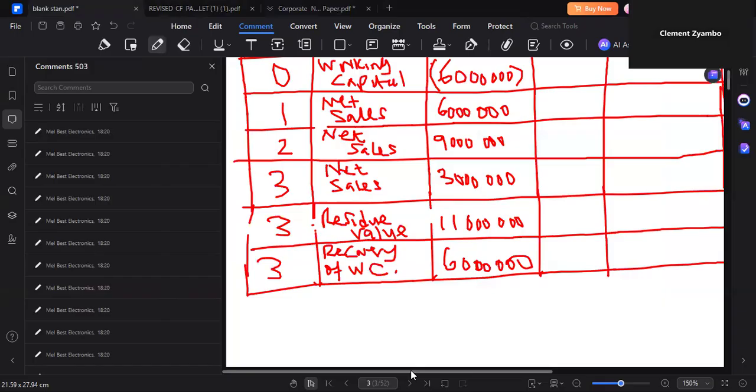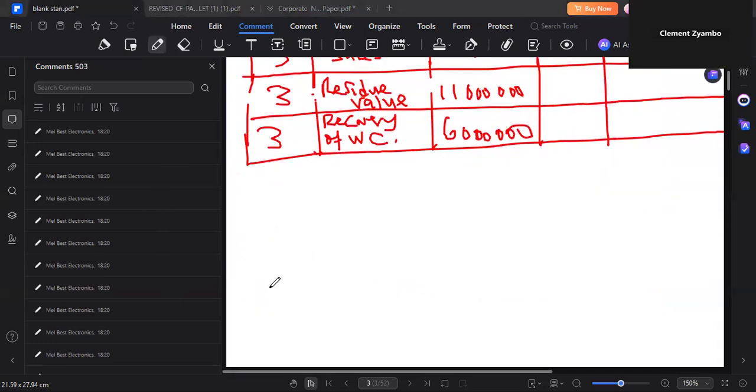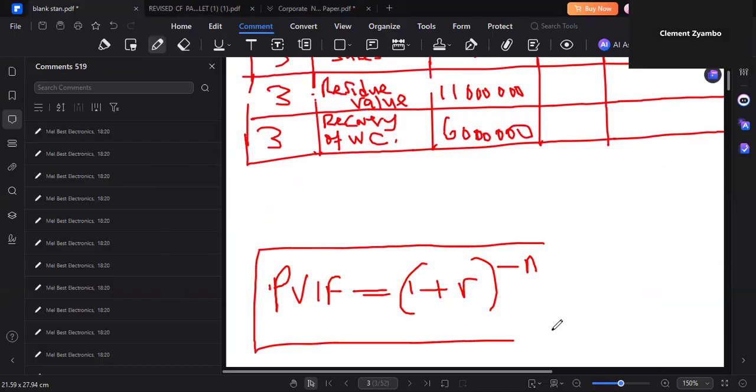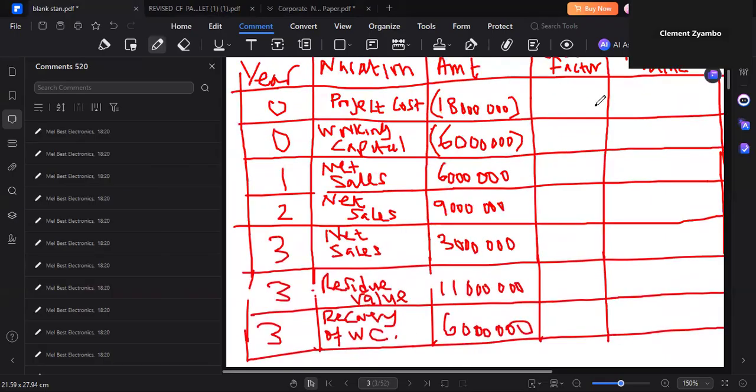So for the net present value of the project, we are going to have the present value interest factor, 1 plus r to the power negative n. So this one will be 1.14 to the power negative 0, which is 1, same as this one will just be 1 because it says 0. 1.14 to the power negative 1. 1.14 to the power negative 2.